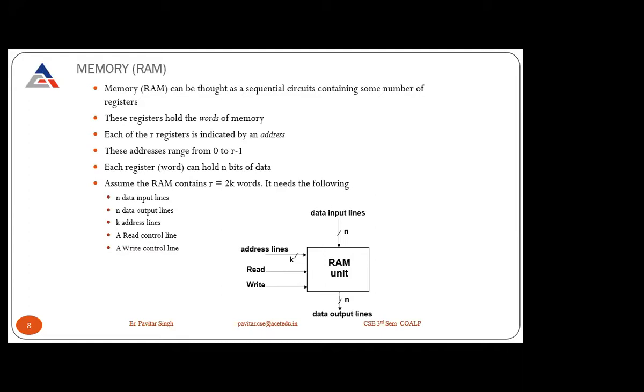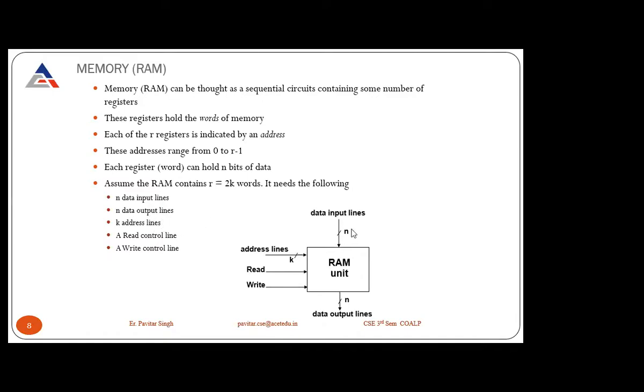Assume the RAM contains R equals 2^k words. If your RAM contains R equals 2^k words, then it needs the following lines. First of all, n data input lines. Input should be there, so that is represented with n number of lines. n data output lines.